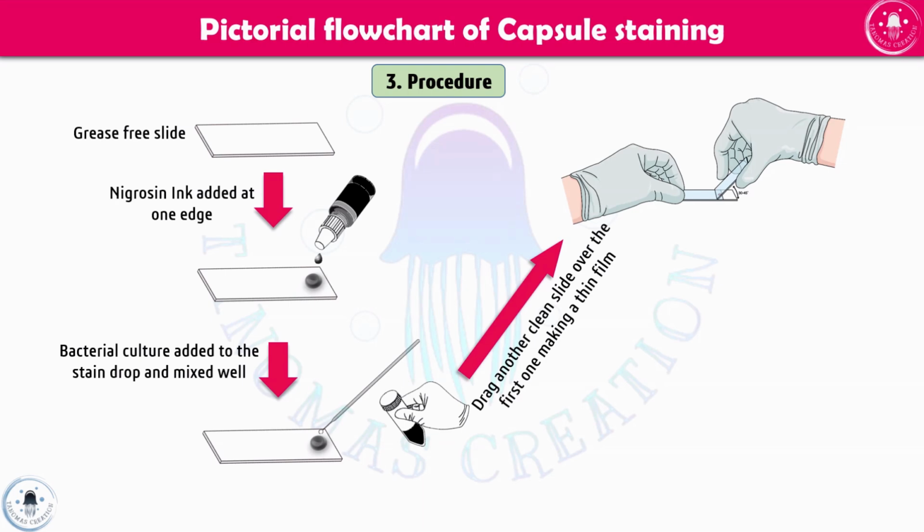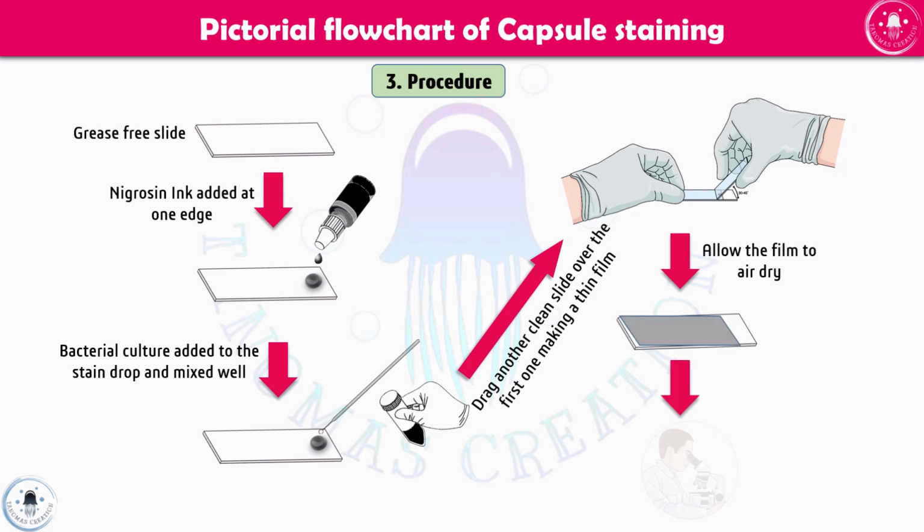You drag the second slide over the drop of nigrosin ink, making a continuous thin film. After that, you allow the film to dry, and then you can observe it under the microscope at 40x or oil immersion. So this is the pictorial flowchart of the capsule staining.